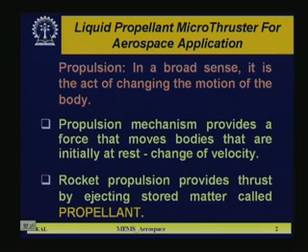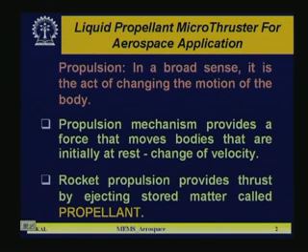Now, what is propulsion? In a broad sense, propulsion is the act of changing the motion of a body. When you send a spacecraft into space, many times you have to change its motion so that you can accurately position the space vehicle in a particular orbital location. That is done remotely, using devices known as thrusters.